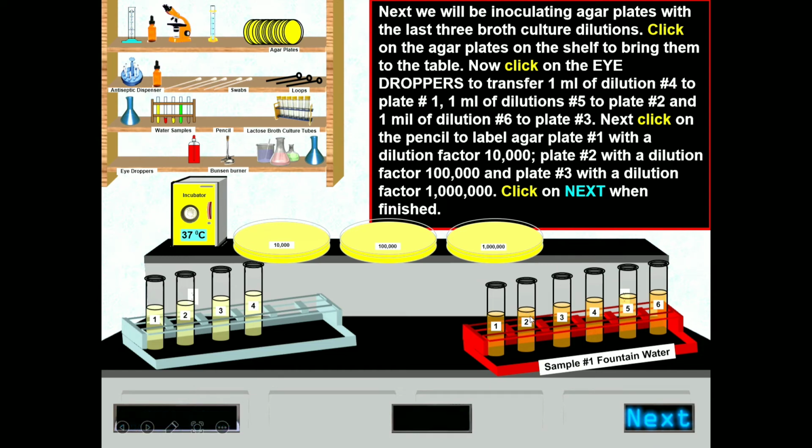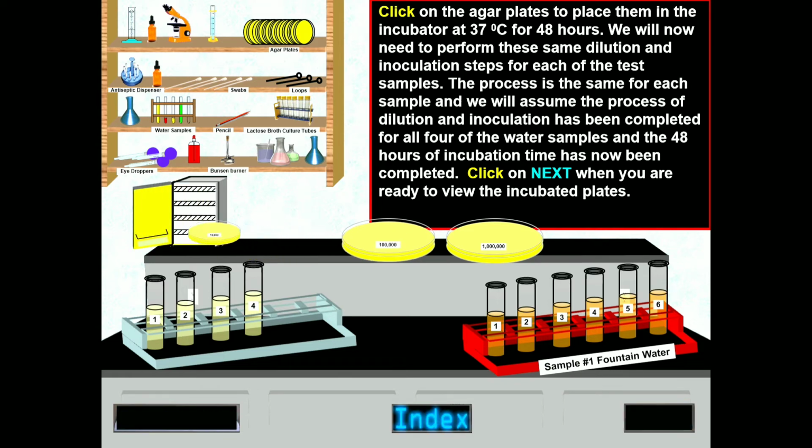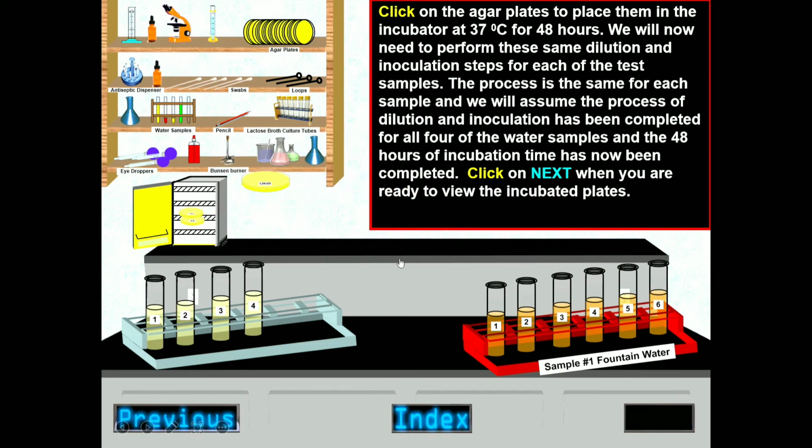Go to the next page. Now click on the agar plates to place them into the incubator at 37 degrees Celsius for 48 hours. Then we go to the next page.